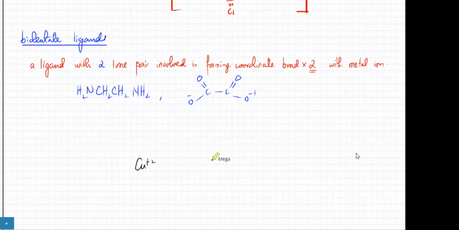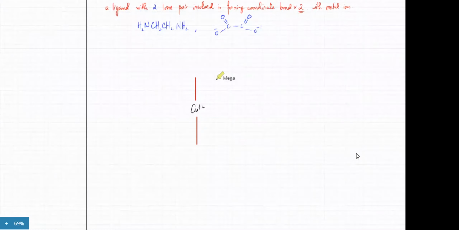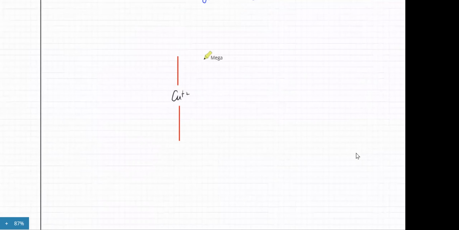I'll quickly make this. So copper plus 2 has 6 sides.